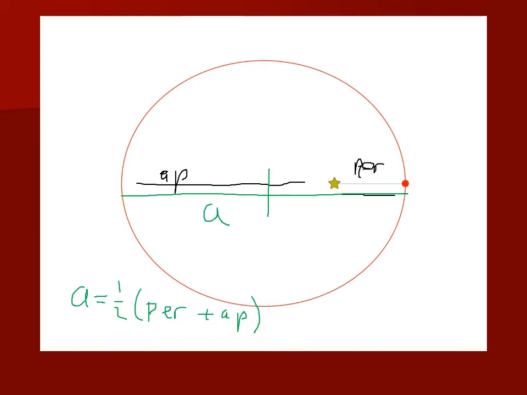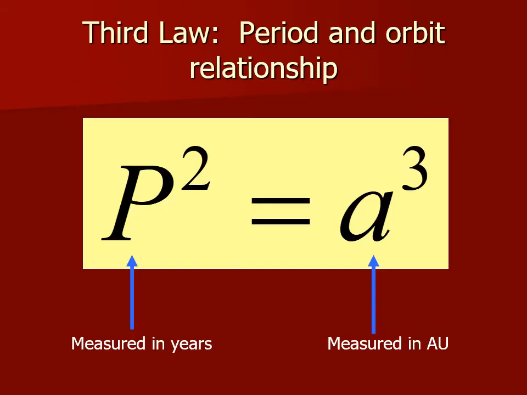You find the average. So the semi-major axis can be thought of as the average distance from the sun. So we would say that the average distance from the sun measured in AU, cubed, is equal to the orbital period squared. So we can do an example of this.